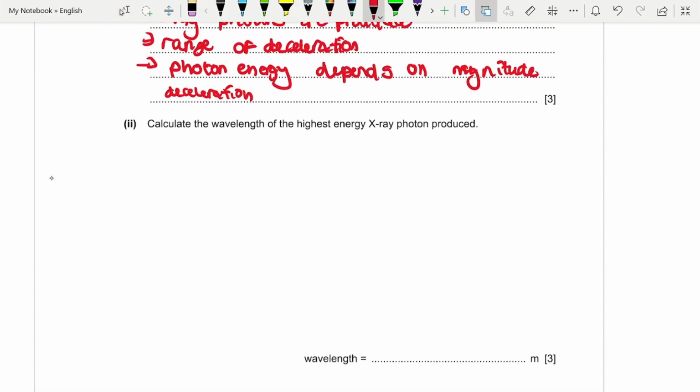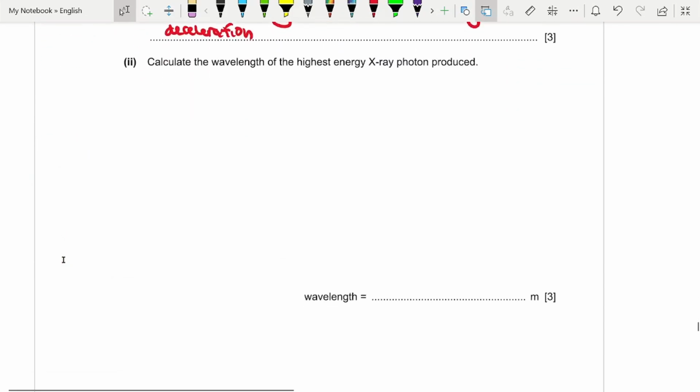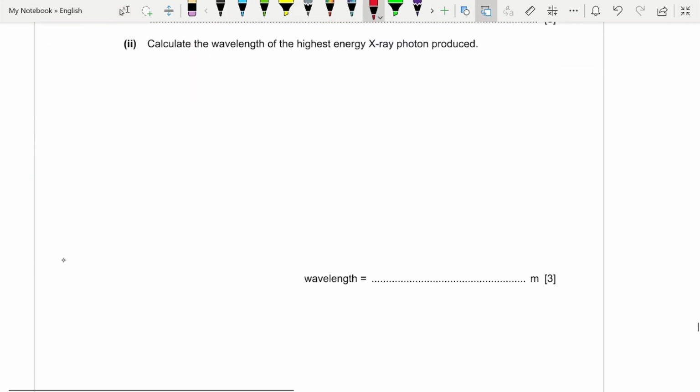Calculate the wavelength of the highest energy X-ray photon produced. So this occurs when the electron comes to an immediate halt, right? So if you're accelerating through a potential difference of 15 kilovolts, the electron is going to have an energy of eV, because work done is the charge multiplied by the potential difference, since potential difference is the work done per unit charge.